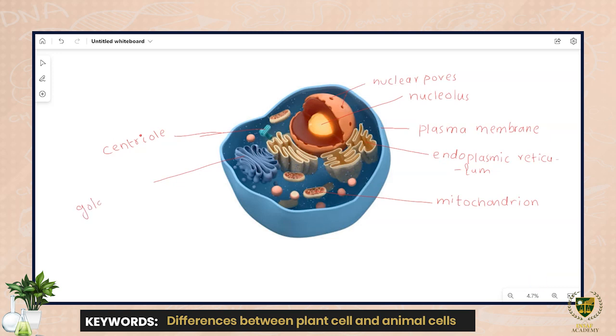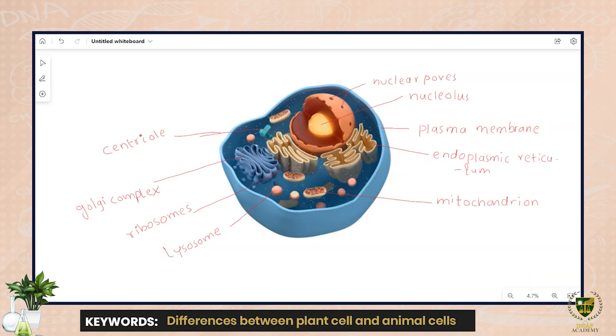And this one is the Golgi complex. And this one is the lysosome. Okay, and these small granules are the ribosomes, which are attached to the endoplasmic reticulum.